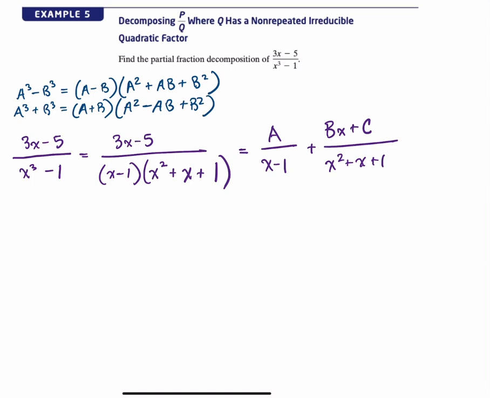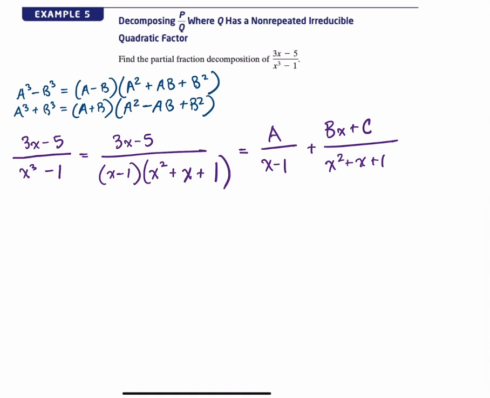So you'll do that if you have some quadratic as a factor, as opposed to it being linear. If it's linear, you just get a constant on the top. If it's quadratic, you'll get some linear expression with two unknowns. So from this point, the rest of the process will follow as we've done previously.